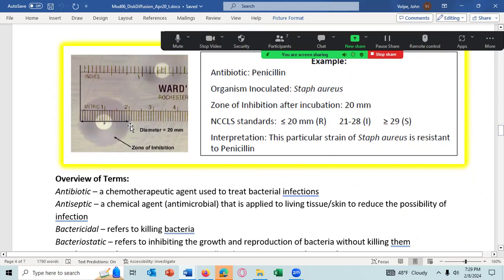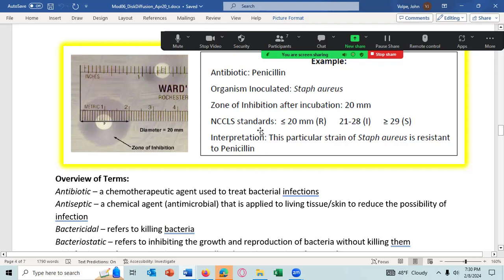And you take a look at the NCCLS table of standards for Staphylococcus aureus with penicillin G. If the size of the zone of inhibition is 20 millimeters or less, we say that this bacteria, Staphylococcus aureus, is resistant to this antibiotic, penicillin G.